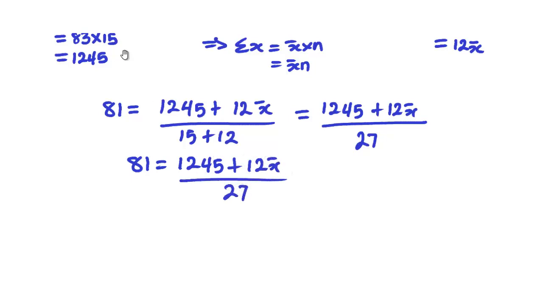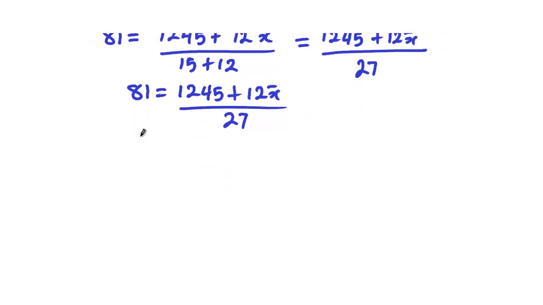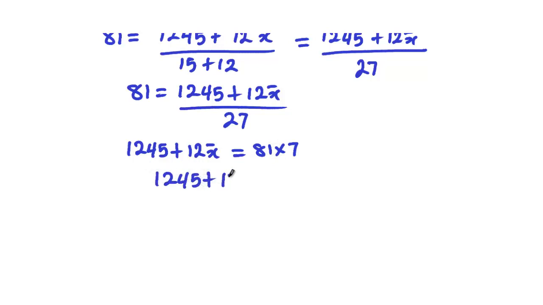So we can cross multiply: 1245 plus 12 x bar is equal to 81 times 27. Did I say 81 times 7? 81 times 27, pardon me.